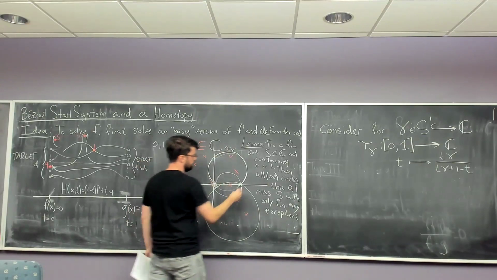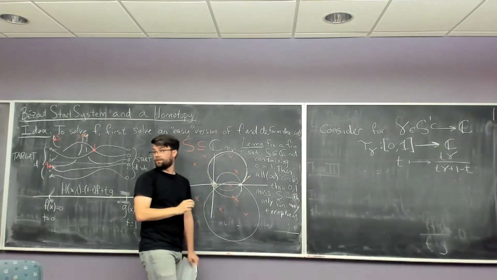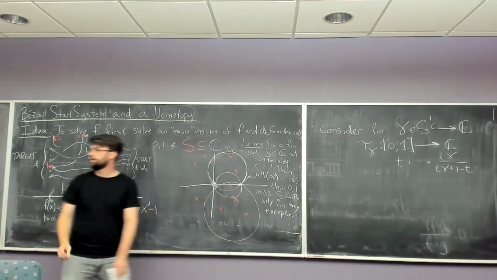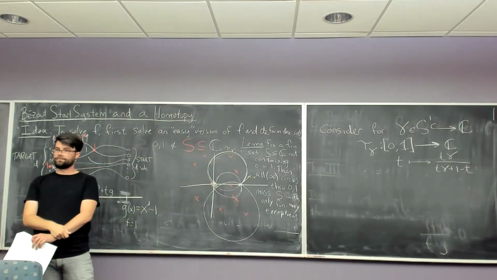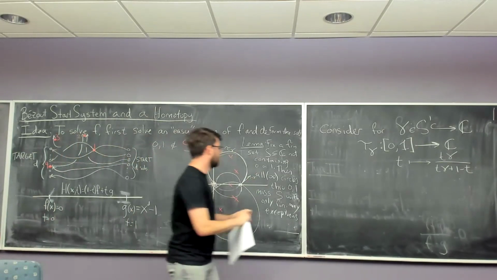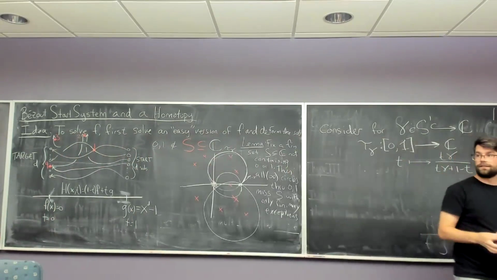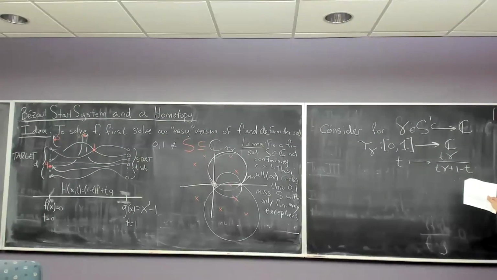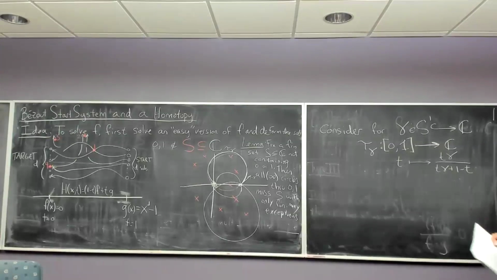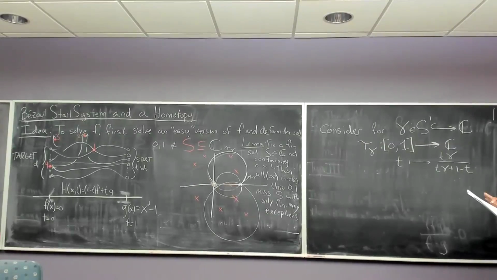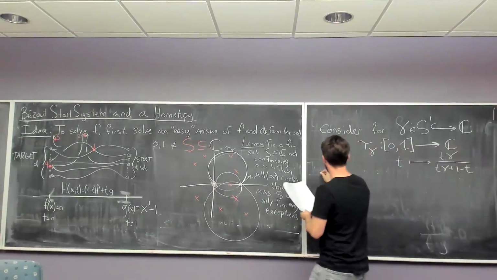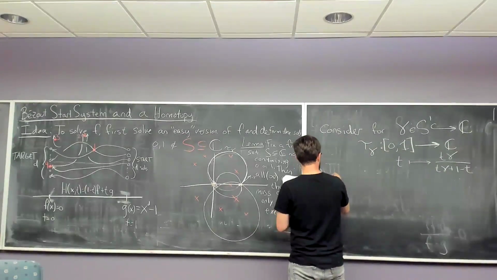For which gamma? This is some angle on the unit circle, and I think it's negative gamma. That's something one can verify. I may be off by a sign. But you look at the real and the imaginary part of this, and you show that gives you a circle. Okay. So these are the paths we're going to take.